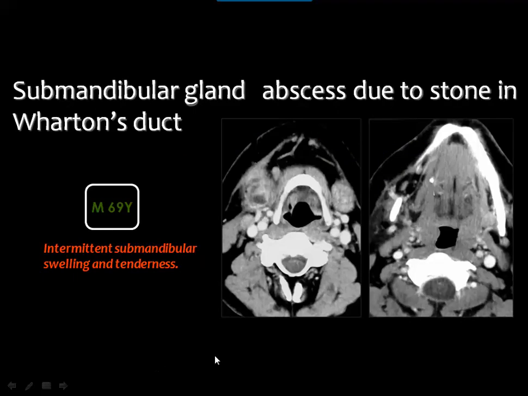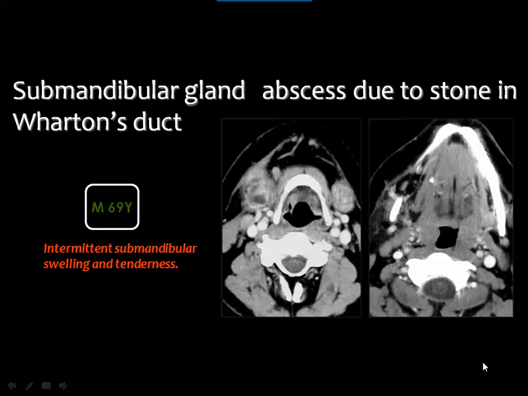And this is inflammation of the right submandibular salivary gland, secondary to obstruction of its duct by this small stone located along the course of the submandibular duct. The left submandibular gland is good concerning its density and enhancement, with clear surrounding fat planes.